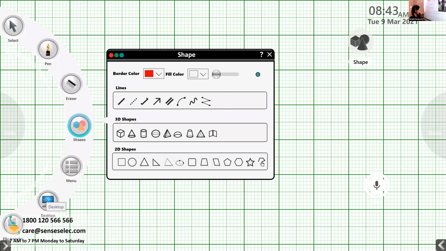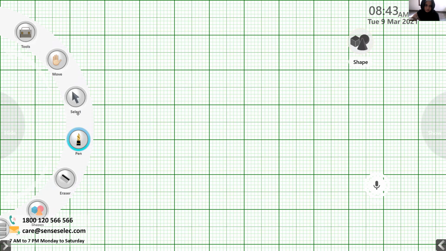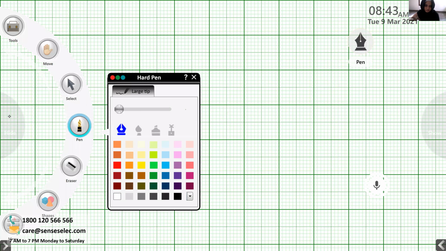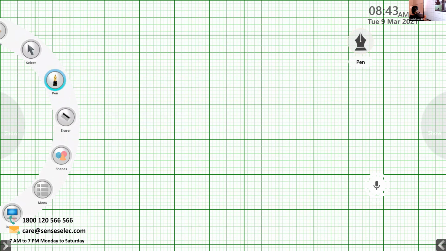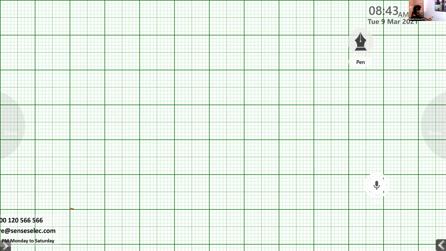Triangle. I'm looking for something else. Sand dunes. Okay. So usually it is called the bell curve. Bell curve. Bell shaped curve.